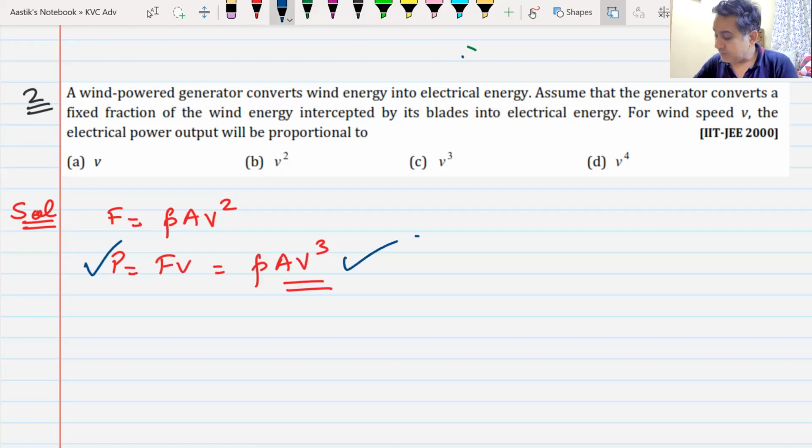So remember, it will be proportional to V cubed. I hope we have understood this. Yes, sir. Okay. I'll give you one or two more problems.